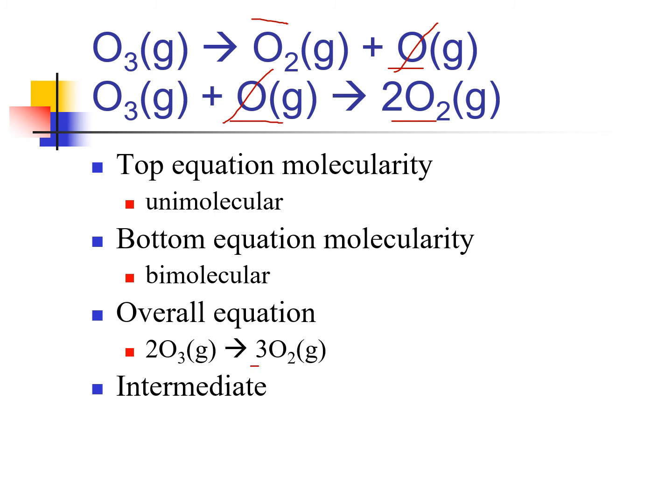Also, there's 2 ozones, hence 2 ozones. Now the intermediate is what was produced, meaning a product in an early step, and used, meaning a reactant in a later step. That would be the oxygen atom. It got canceled out. We cancel out the intermediates.